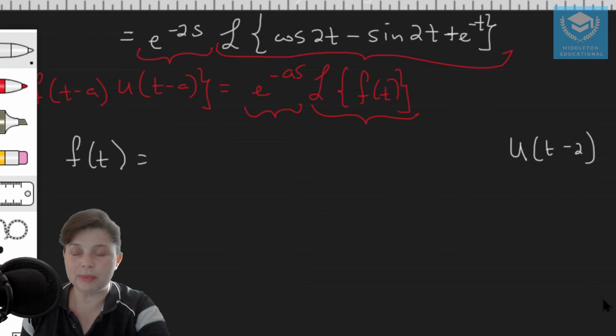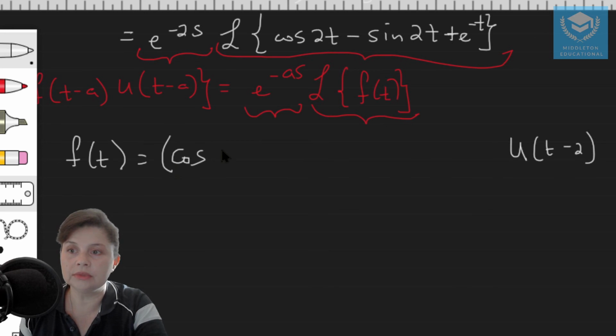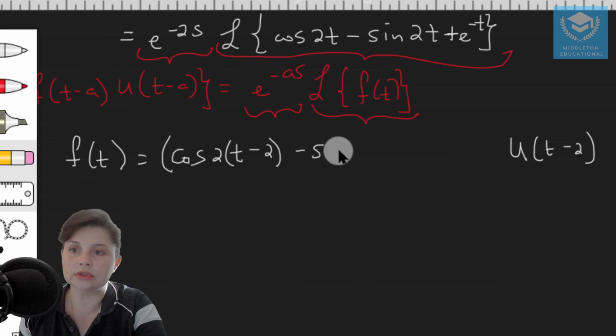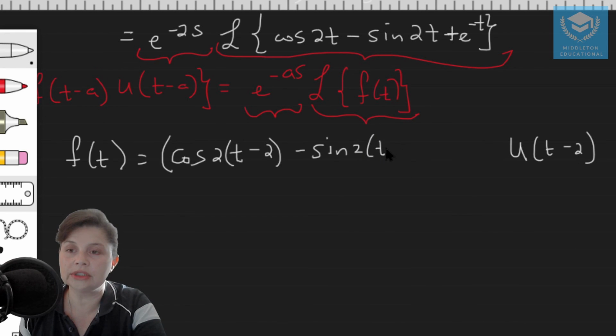I've left a really big space because we are going to use what is inside the bracket here. So we have the cos function, 2 times t plus the shift, minus sine 2 times t, including the shift, plus e to the power minus t, including the shift.